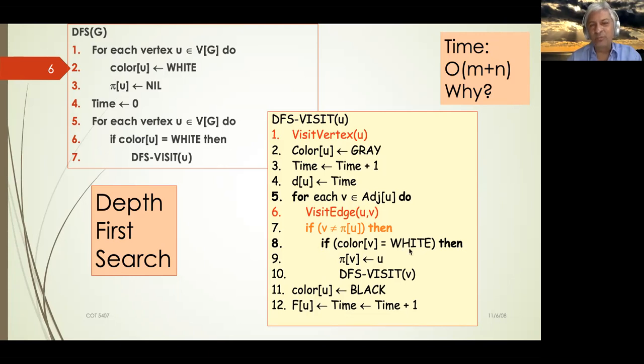If color of V is white, then it's leading to a vertex you've never seen before, so you're going to reinitiate depth first search from there recursively. Otherwise, if it's not white, then it's either gray or black, right? True. So I put in an else here. And if I say in the else part, what do I say? Are you now sure there's a cycle?